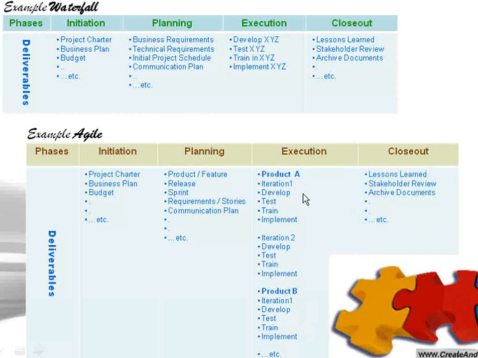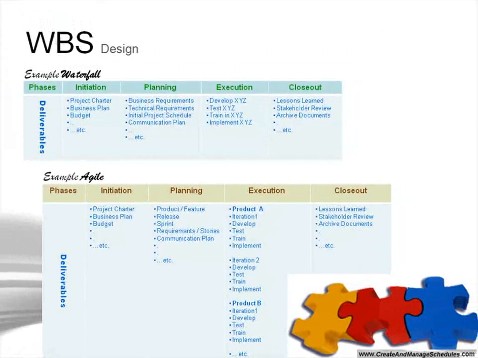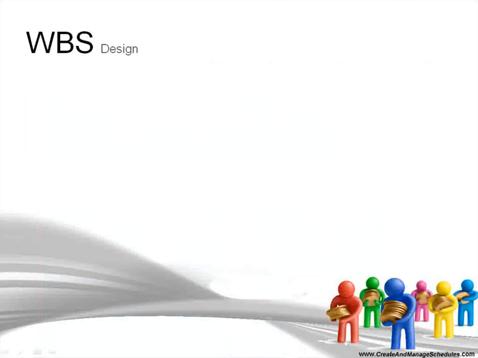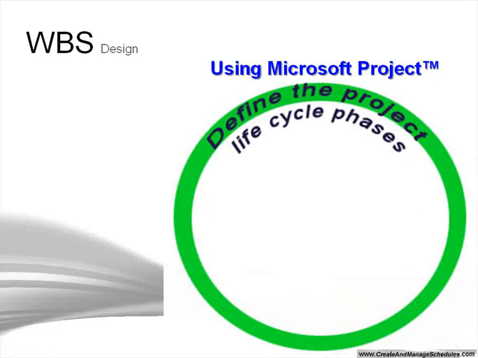And under closeout, whatever your closeout methodology requires you to do. In this case, it just mirrors what I have in waterfall, which is lessons learned, stakeholder review, and archive the documents.